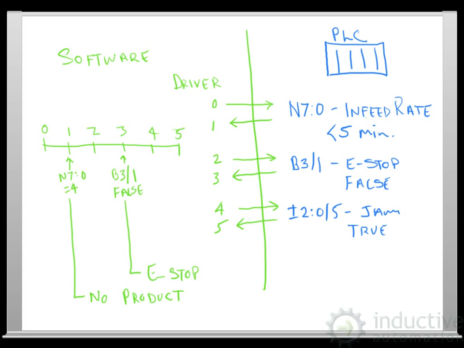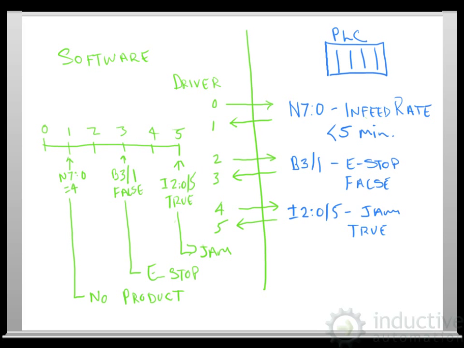Oh, wait a second, I thought we had no product, but we're in an e-stop condition. Okay, well, we'll keep going here, and at 5, we get I205, and that is true. Now we're saying we have a jam.